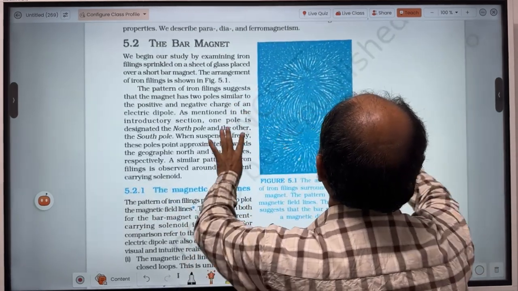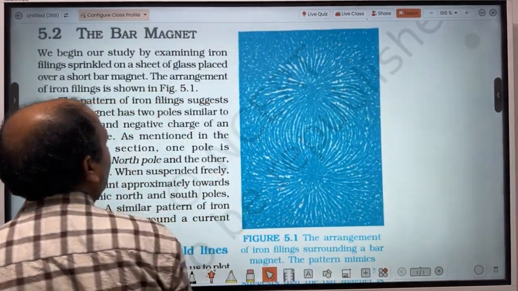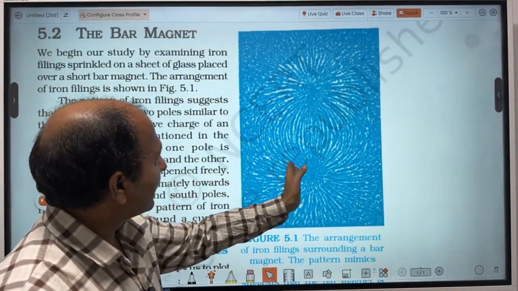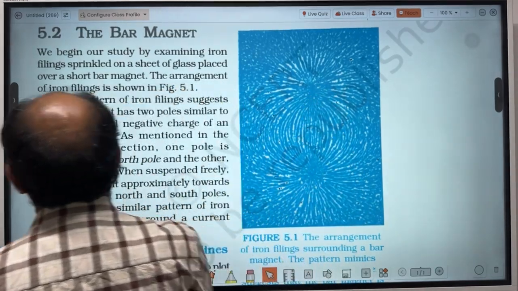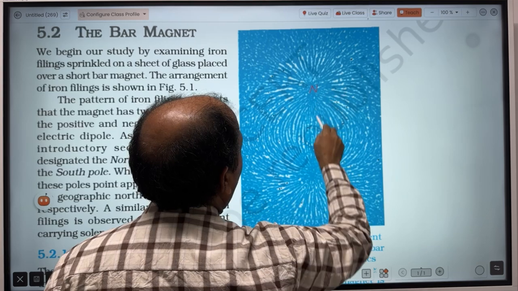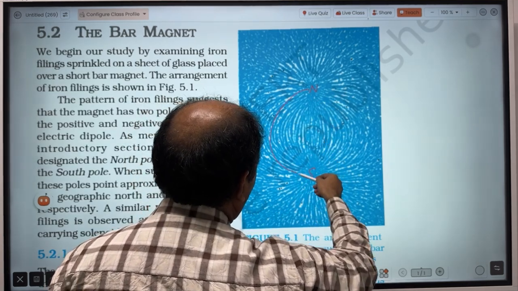Here in this picture, field line patterns are shown. You can see that field lines are like this. If you take the north pole here and the south pole here, you will see that these lines come like this.